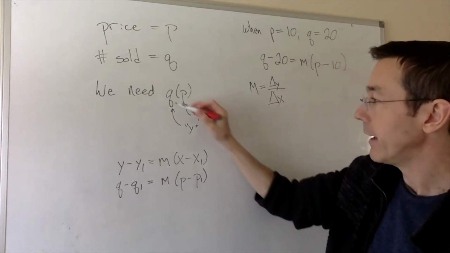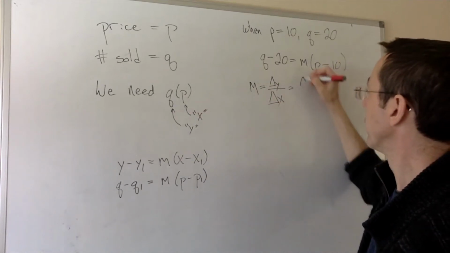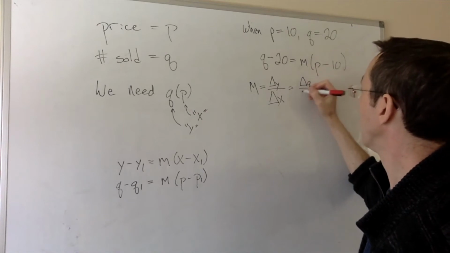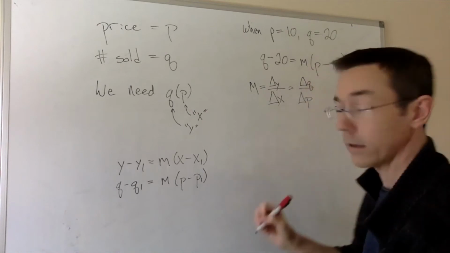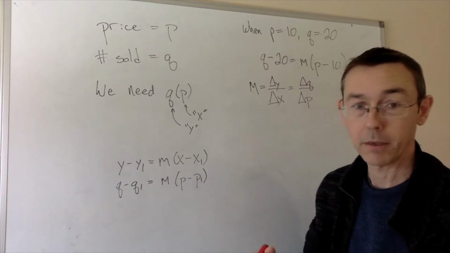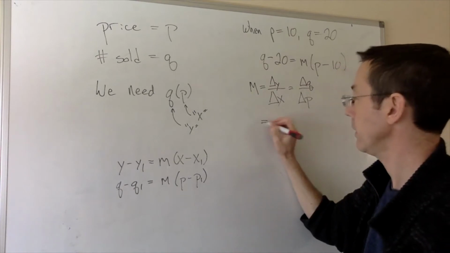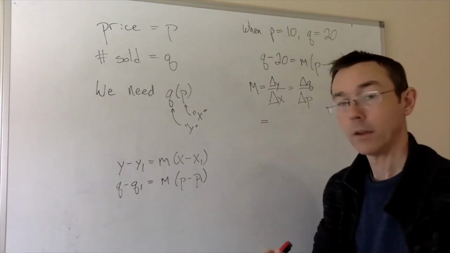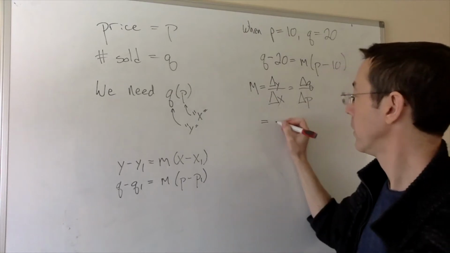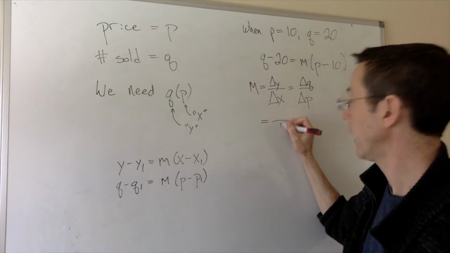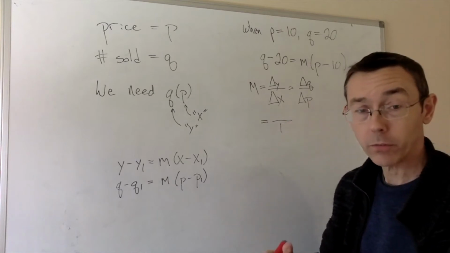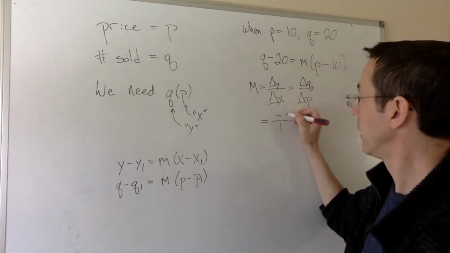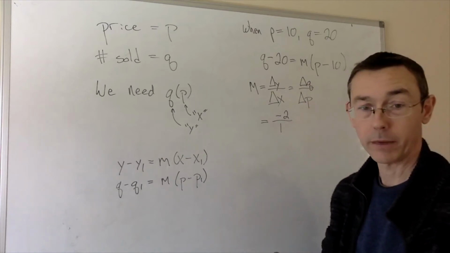Here, the y values are q. So delta q over delta p. The x values are represented by p here. So we need the change in q over the change in p. We know, again, from reading the problem yet again, that when he increases his price by 1, he decreases his sales by 2.